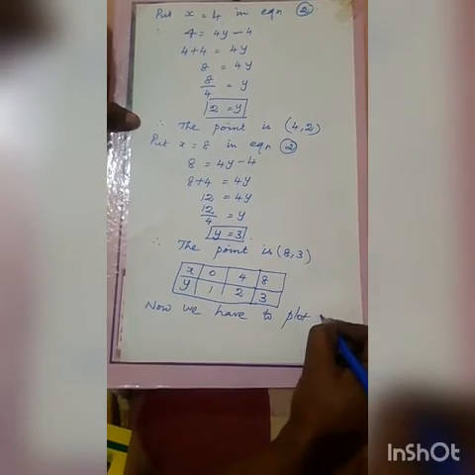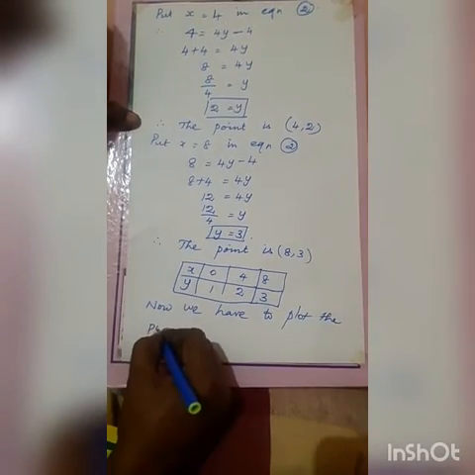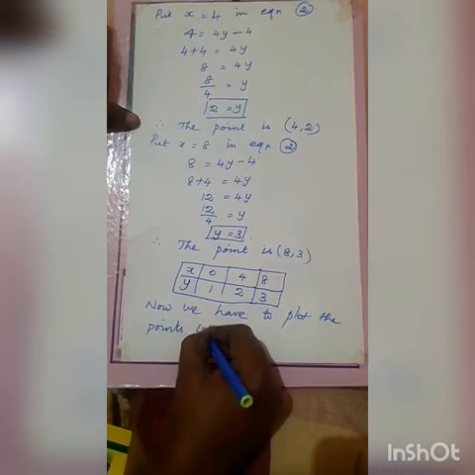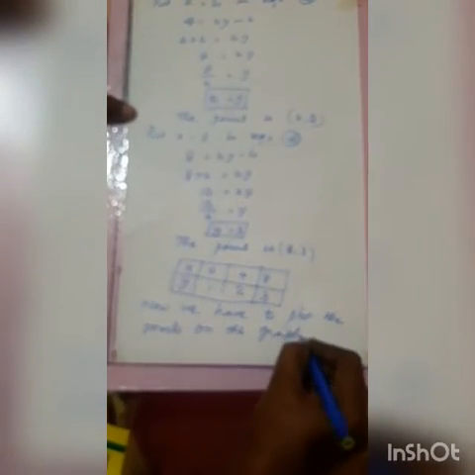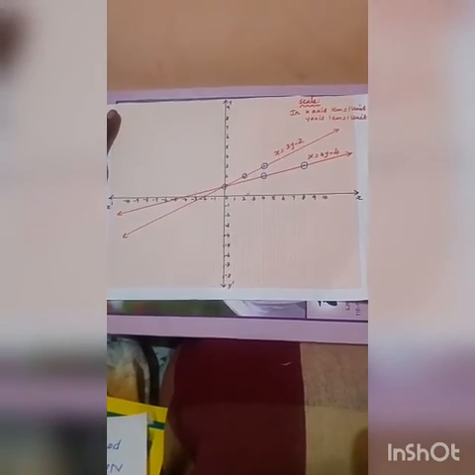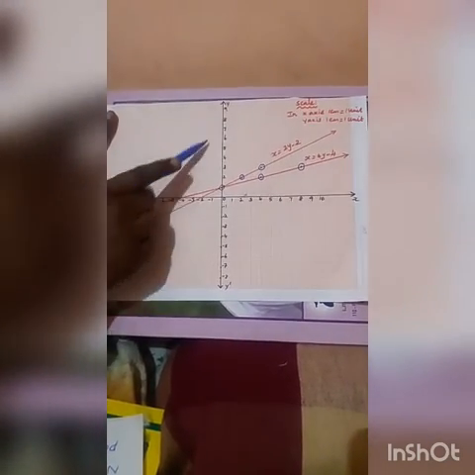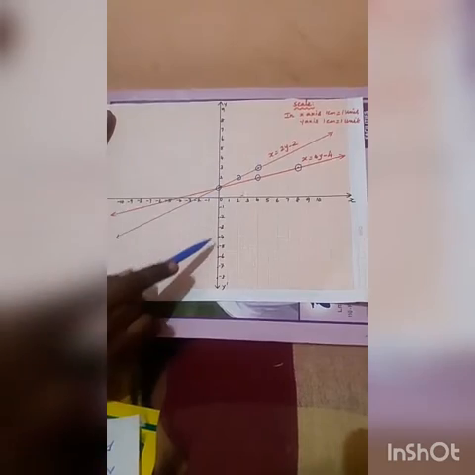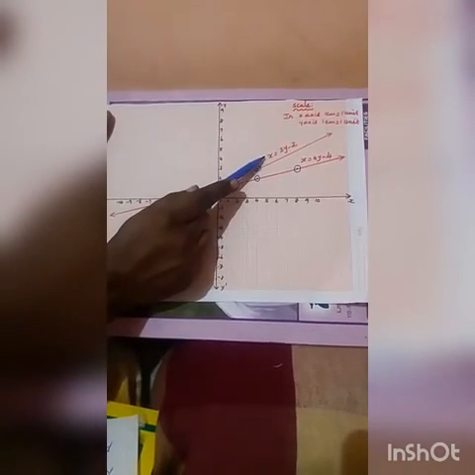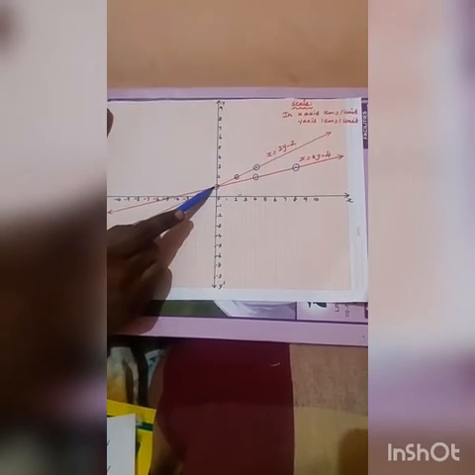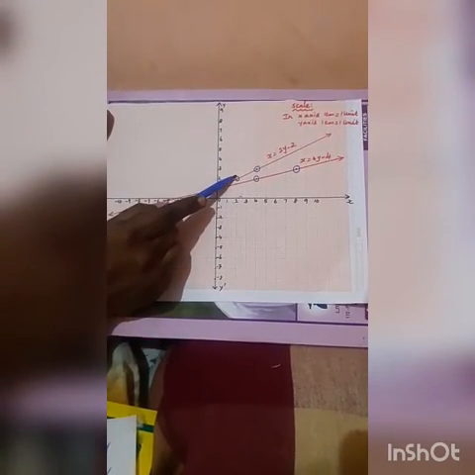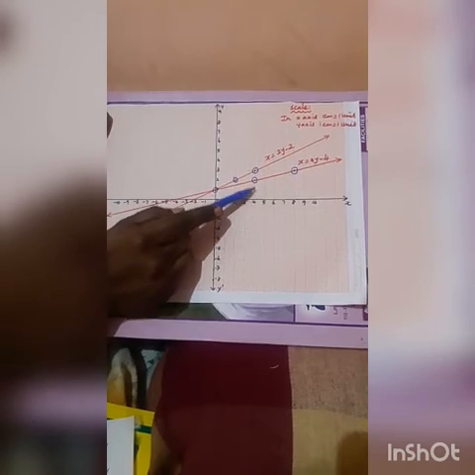Now we have to plot the points on the graph. Here we plot the points on the graph. We get the graph like this. The first equation is x equal to 2y minus 2. The points are 0 comma 1 and the second point is 2 comma 2 and the third point is 4 comma 3.